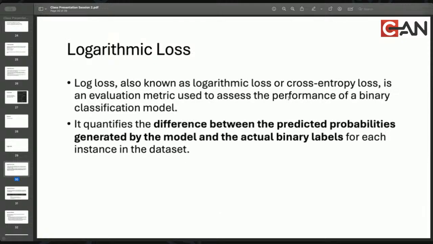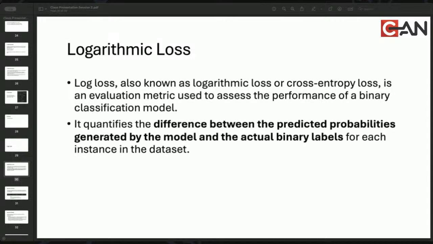So log loss, otherwise referred to as logarithmic loss, or cross entropy loss. You'll sometimes hear that as well. It's an evaluation metric used to assess the performance of binary classification, not to be confused with mean squared error, root mean squared error.